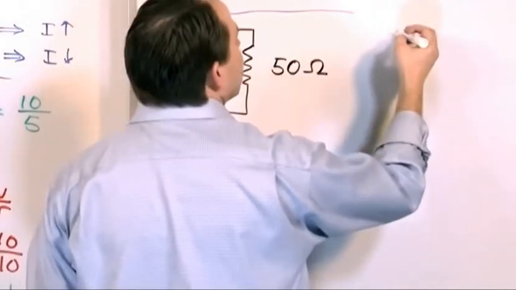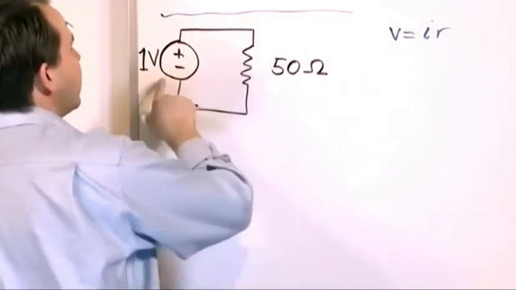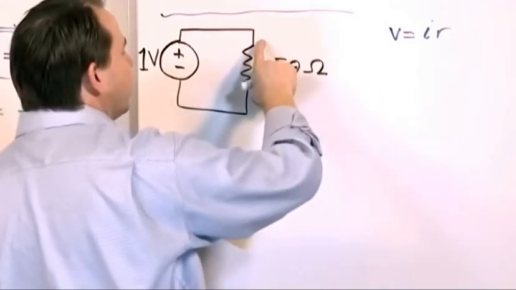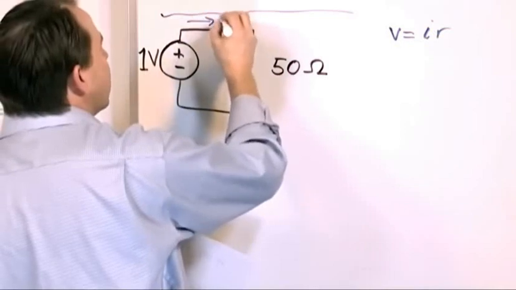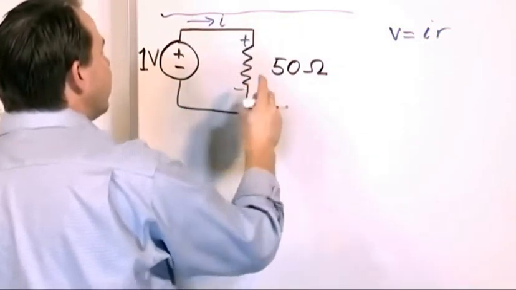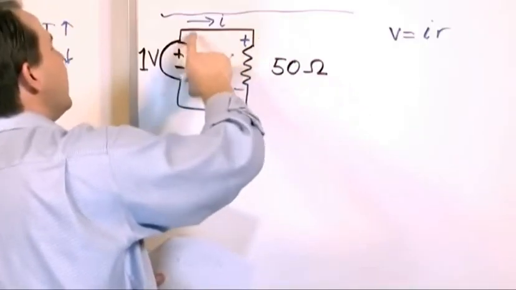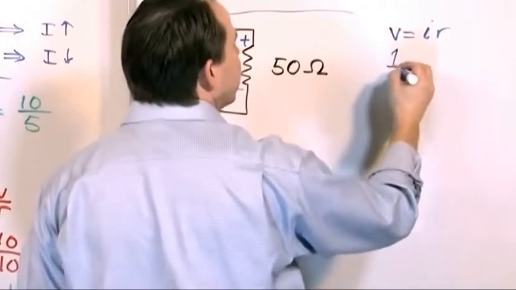So again, V is equal to IR. We can use this version if we want. Let's talk about this resistor here. Notice that the current is going to come this way because it's going round and round. Anytime we go through a resistor, there's going to be a voltage drop. This voltage drop is the same as the source because it's connected like this. That voltage is 1 volt.